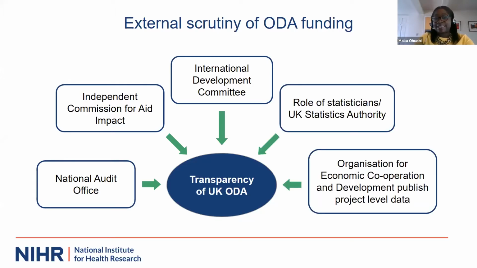The UK Statistics Authority, which is also another independent government arm's length body, responsible for the publication of official statistics that serve the public good, including information about ODA spend. And then finally, the OECD, which I mentioned before in an earlier slide.